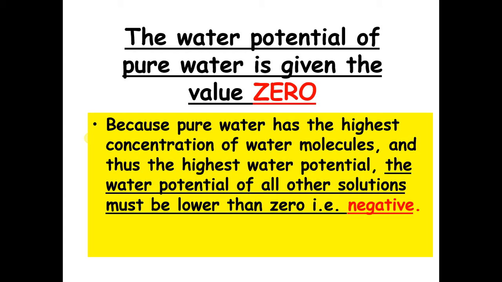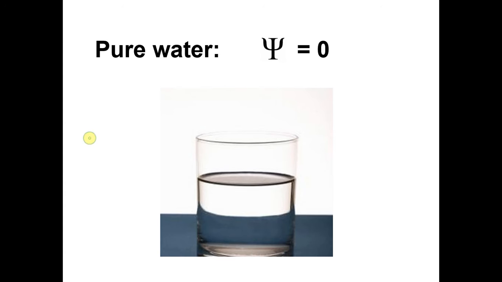So the water potential of all other solutions is lower than pure water, lower than 0, or negative. Unless you're exerting some sort of positive pressure, everything else will have a water potential that is negative compared to pure water. So here, pure water in a glass, open beaker, water potential is 0.